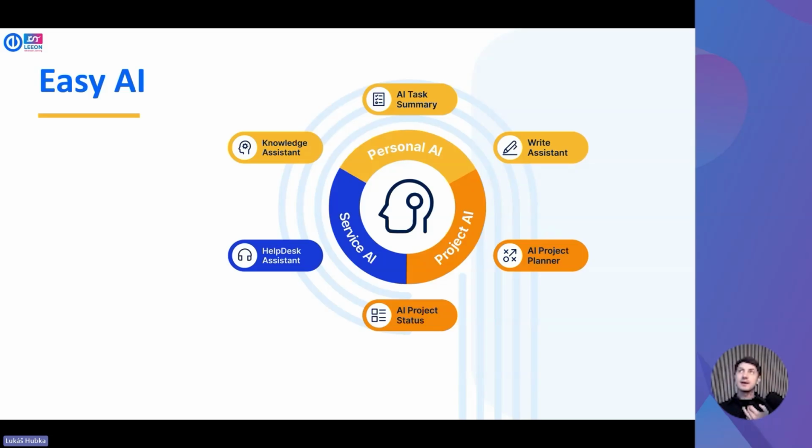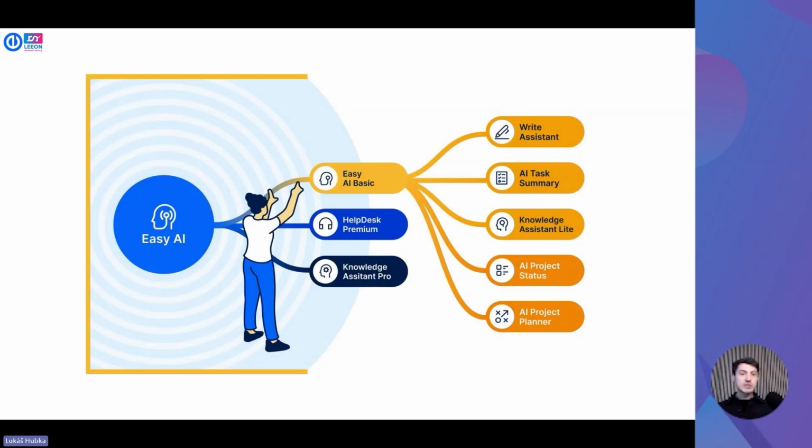Project AI allows automated project planning from PDFs or quickly provides a project report and context. And then Service AI is utilized in our help desk and helps with efficient ticketing, drafting responses, providing context, analyzing the issue. A big portion of it is included in our, let's call it, the most common license.